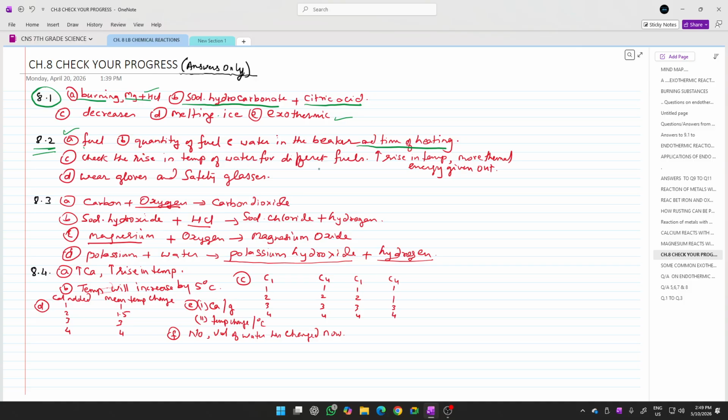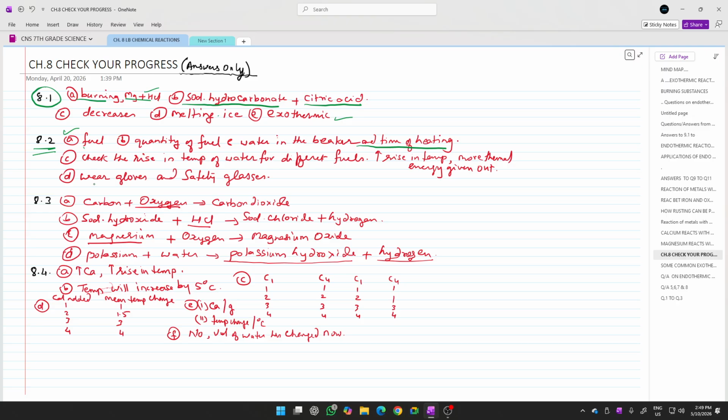If the rise in temperature is more, that means that particular reaction is giving out more thermal energy. If less thermal energy is given out, then the rise in temperature will be less. So the change in temperature, or the rise in temperature, is what indicates what is happening.